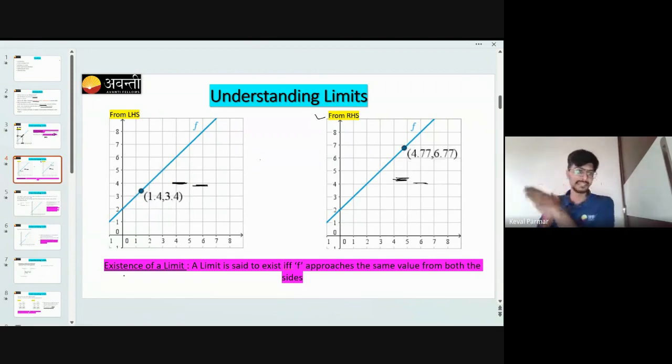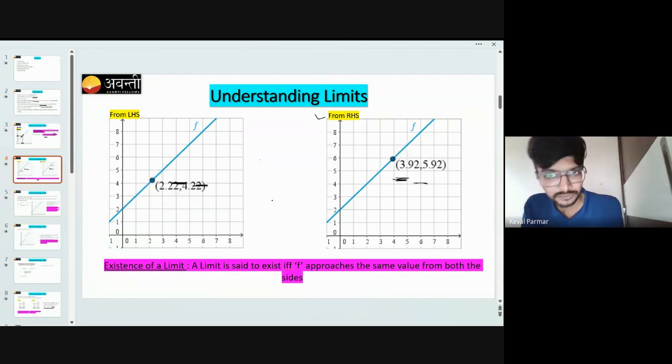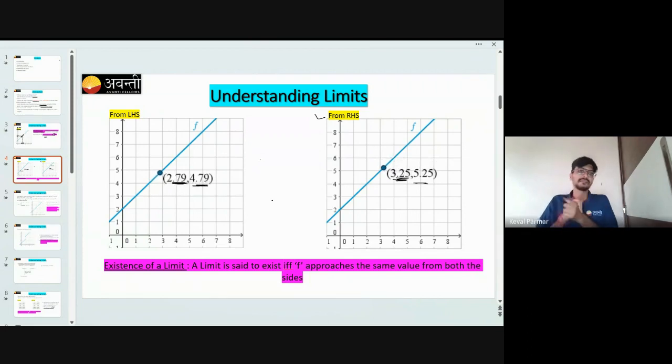If both the sides give the same answer, the limit exists. If both the sides give different answers, then we say the limit does not exist. So this is basically the existence of a limit. It says that a limit exists if f approaches the same value from both the sides. So this is the graphical concept of limits.